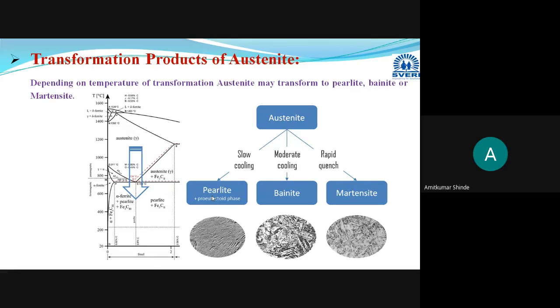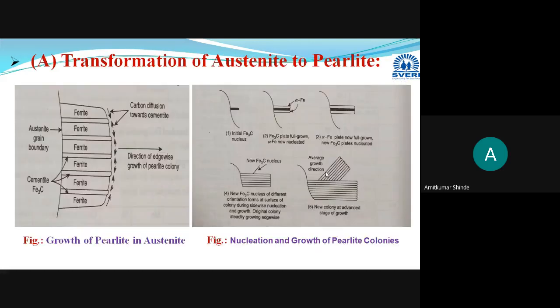If you cool at a faster rate, you will end up with martensite. These cooling rates depend on the type of steel you are using and its composition. First, we will discuss how austenite is transformed into pearlite. That will be our next slide: transformation of austenite to pearlite.